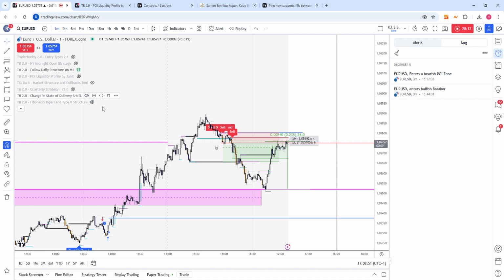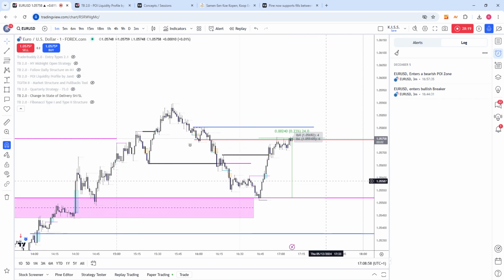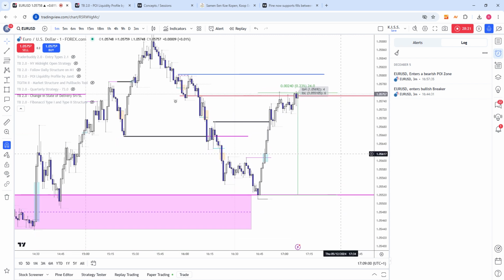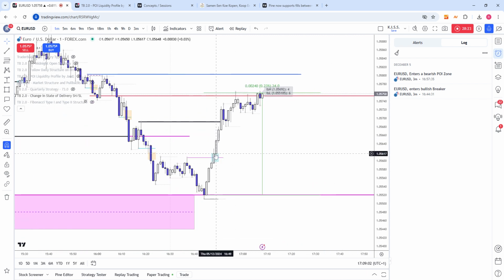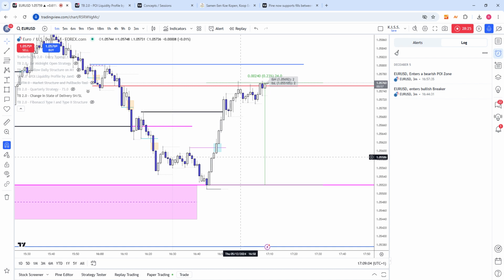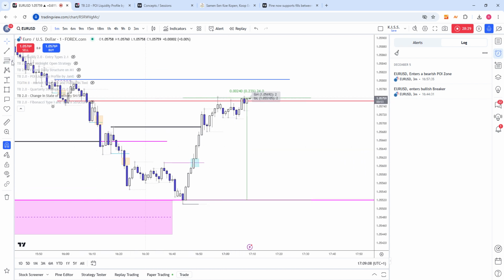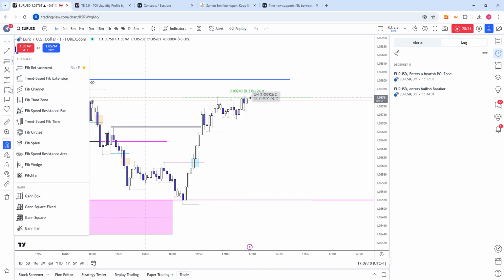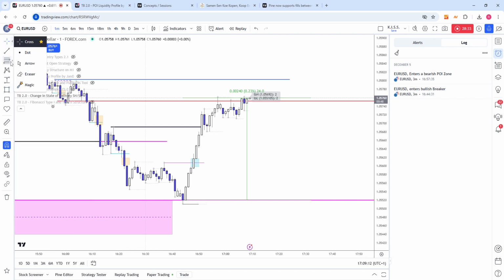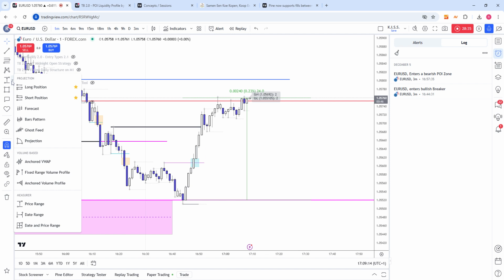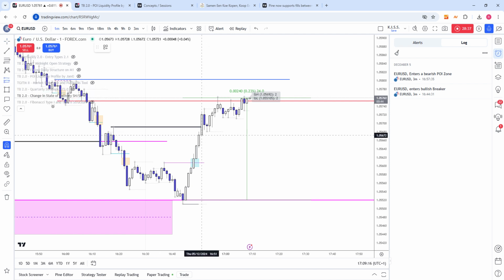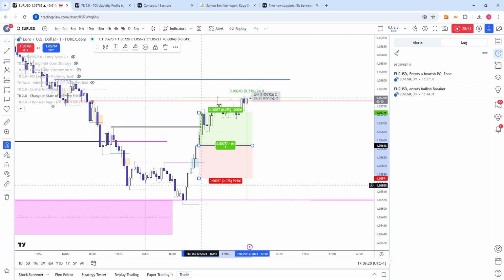Change in state of delivery. Okay, this is another indicator I'm working on. Then we would have had a buy entry at this moment. Where is it? Buy. Long position. Yeah, that's the fair value gap confirmed.